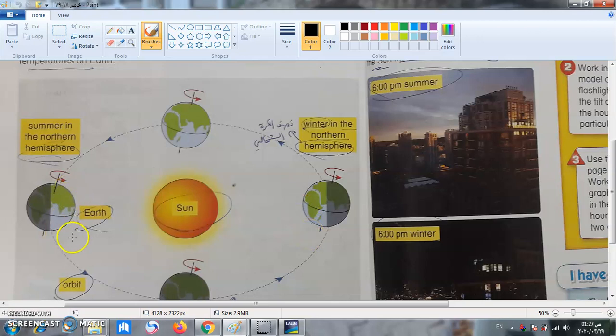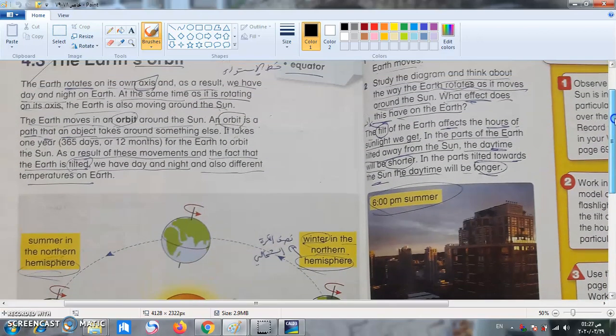That's why the day here is longer than the day here. Okay, very good. So he said again, in the parts tilted toward the sun, the daytime will be longer. So when the earth is tilted more toward the sun, the daytime will be longer, and when the tilted part is less, the daytime will be shorter.